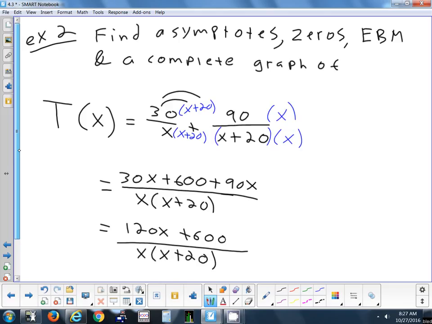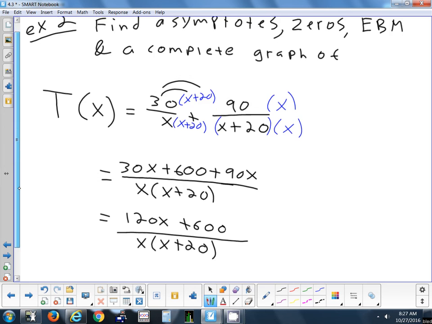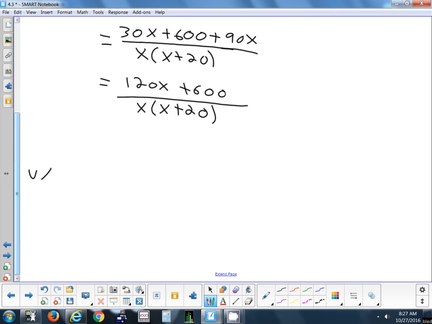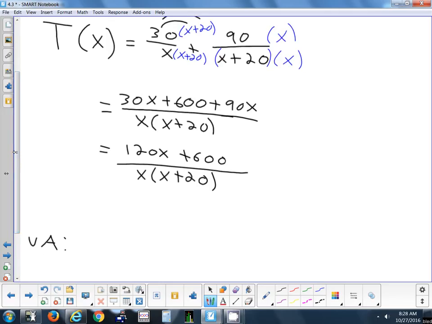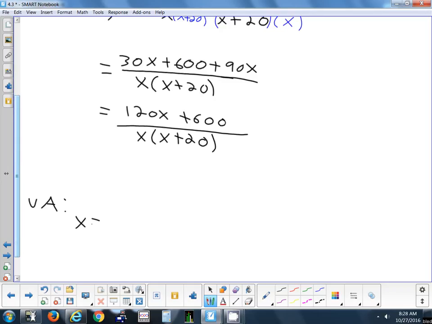All right, let's do the vertical asymptotes. Where are my vertical asymptotes going to be? Yep, you're going to have one at 0. And where else? Negative 20. I'm not saying that makes sense in the context of the word problem, but that's what they are.